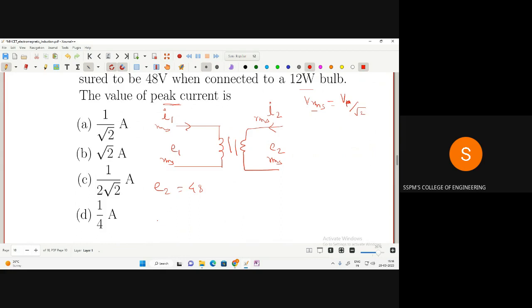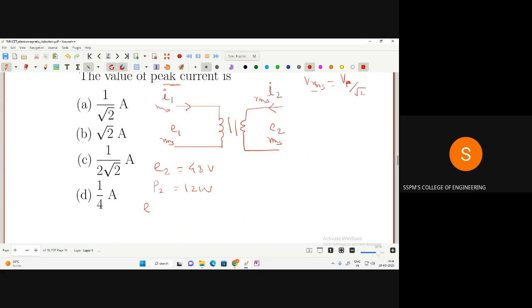Then power P2 is given, it's 12 watt, where P2 is equal to E2 into I2. E2 into I2 is 12.